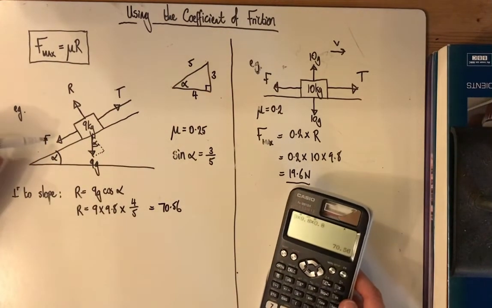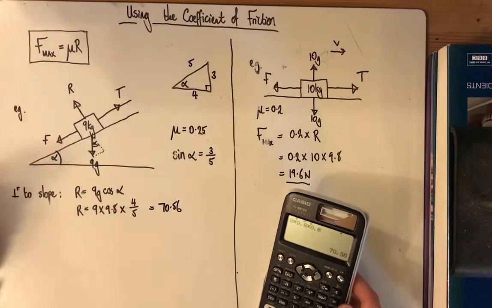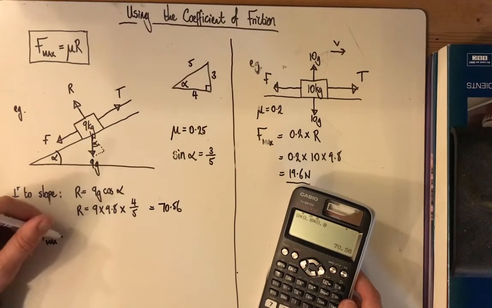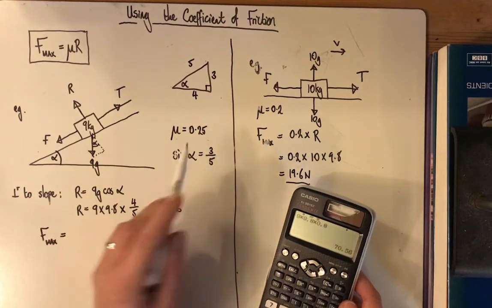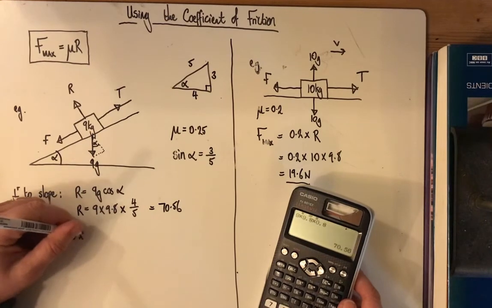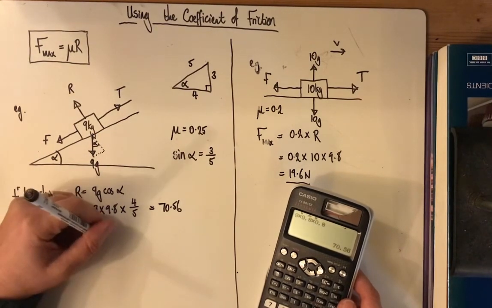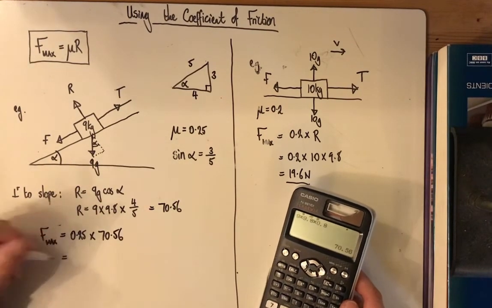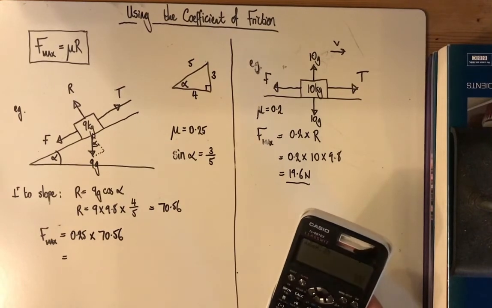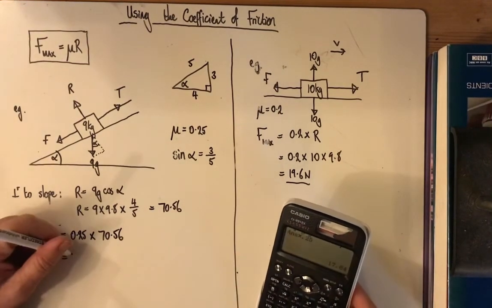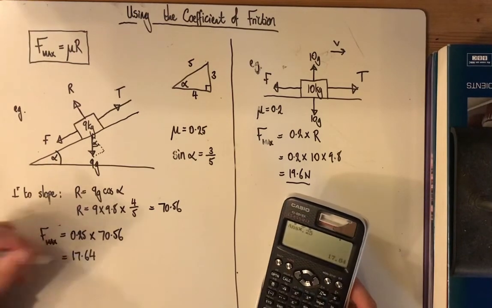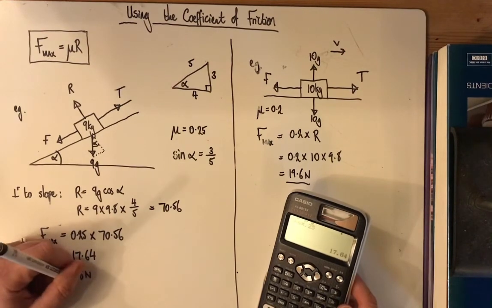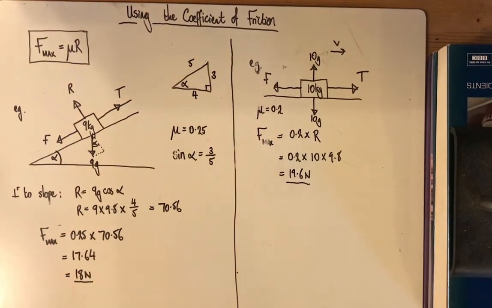And so if we want to find this frictional force, if there's motion, or if it's on the point of motion, then the frictional force is equal to mu, which is 0.25, times 70.56, which gives you 17.64. If that's an answer, you'd probably want to round that to 2 sig fig. But certainly within your workings, I'd work to better accuracy than that.